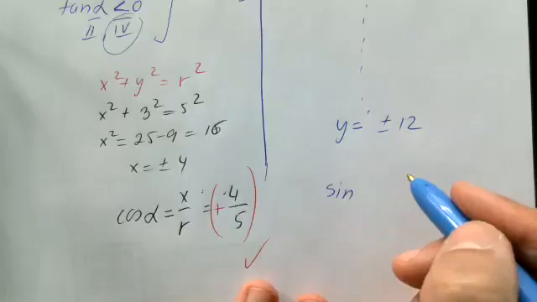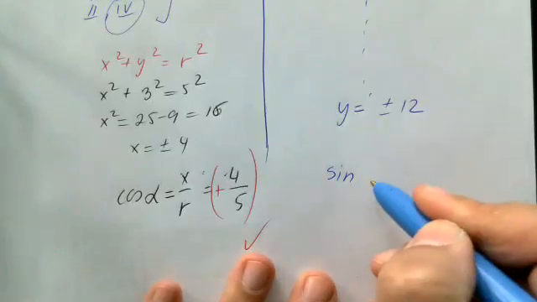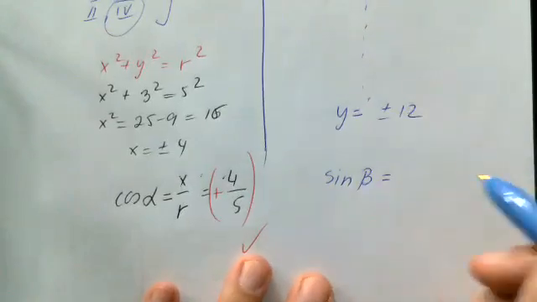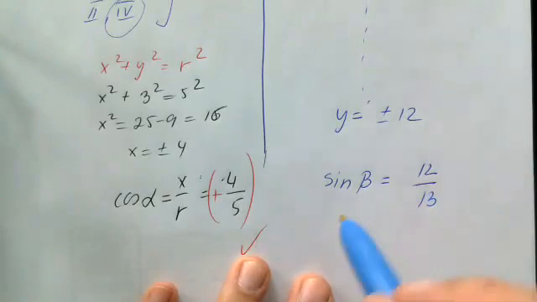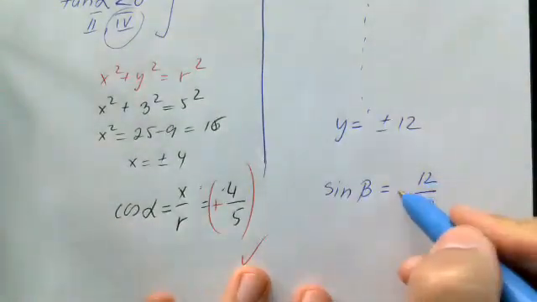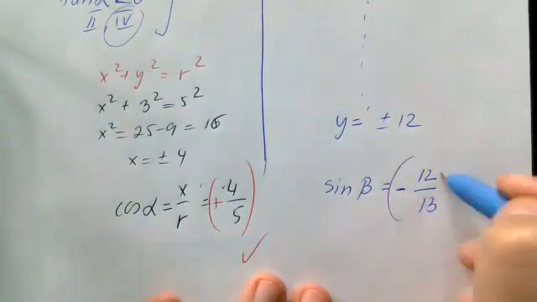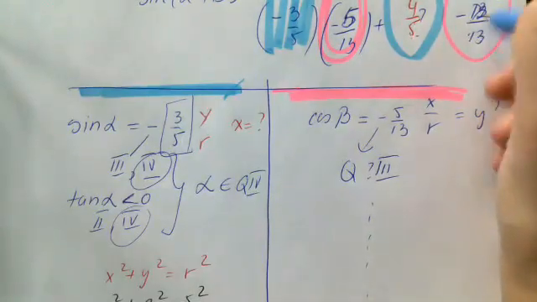It's the same question, it's just we're asking a different question, but we're using the same values. Then we need sine of beta, which is 12/13. We were in quadrant 3, so negative: -12/13.